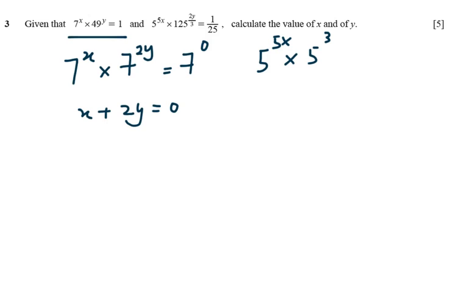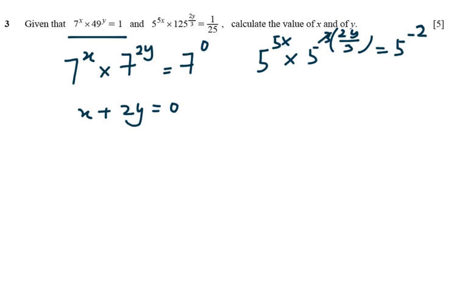As we know, 125 can be written as 5 to the power of 3, times 2y over 3, equals 5 to the power of negative 2. Okay, 25 is equivalent to 5 to the power of 2, so bring the power up so it becomes negative 2.